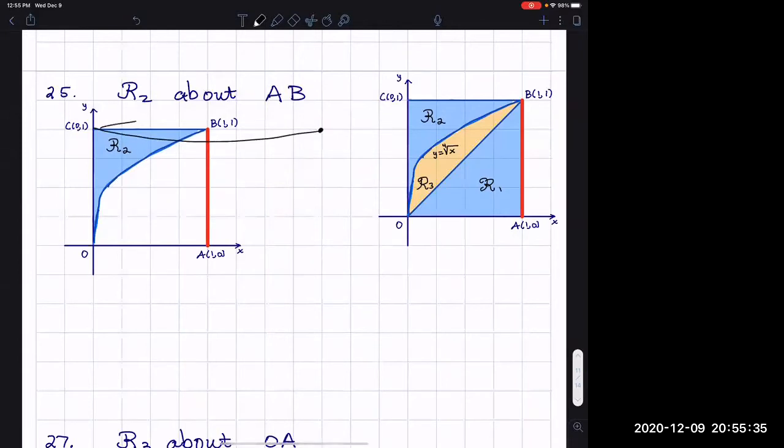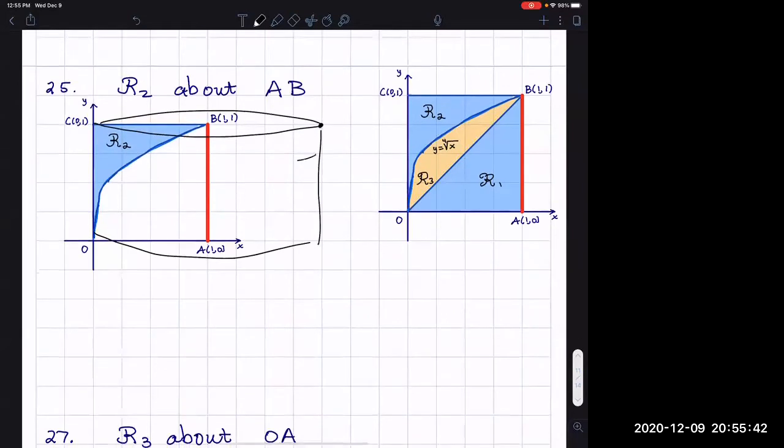This is what the rotation looks like, something like this. And what's going on is that if you make a cut, a slice, you get a circular disc with a hole in it, and that's what we call a washer.